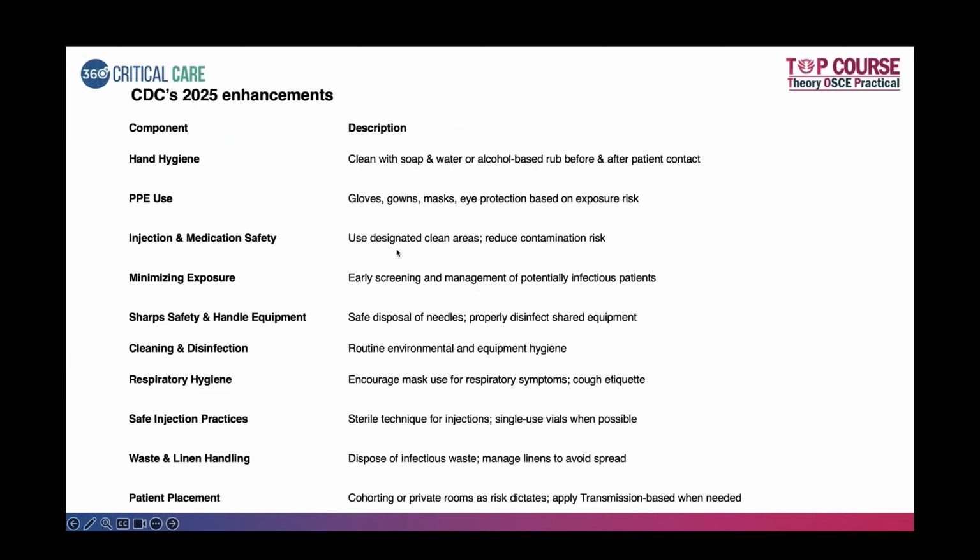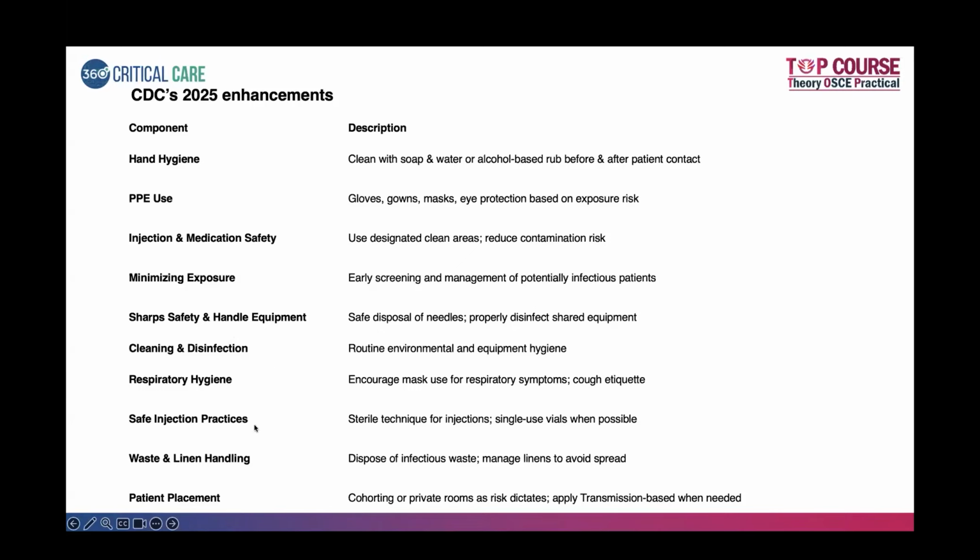Nowadays, the newer ICUs that are being developed are having a designated area for handling drugs, that is loading drug infusions. Then minimizing exposure, early screening and management of potential infectious patients, sharps safety and handling equipment, what we had discussed, cleaning and disinfection, routine environment and equipment hygiene.